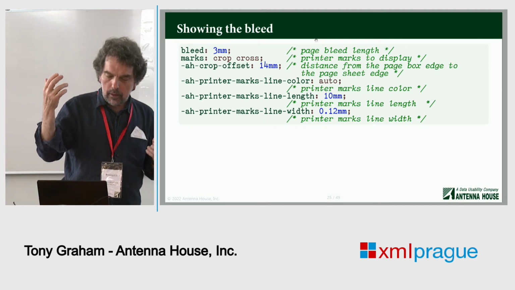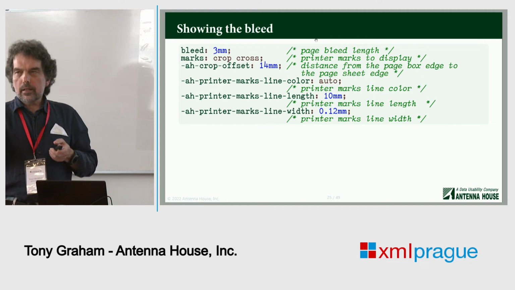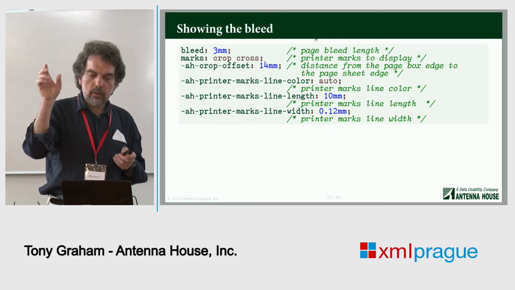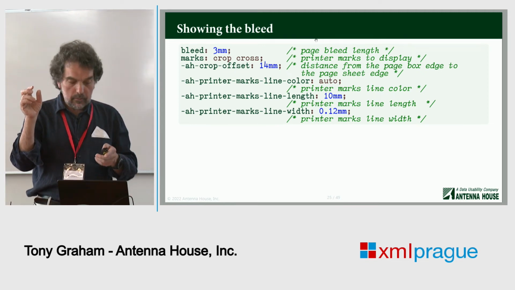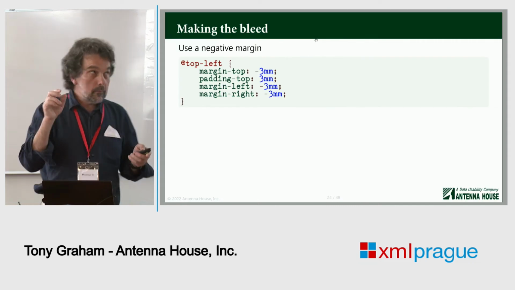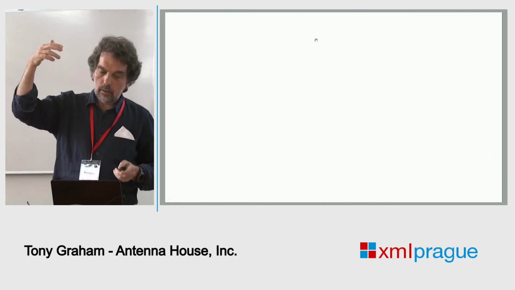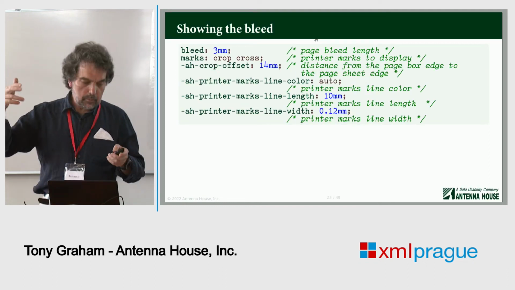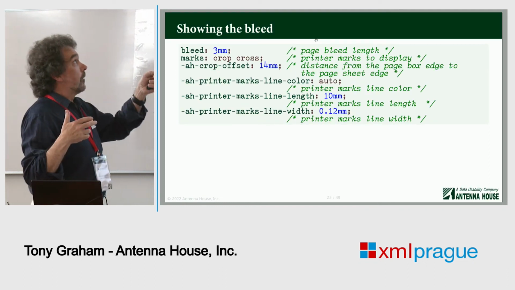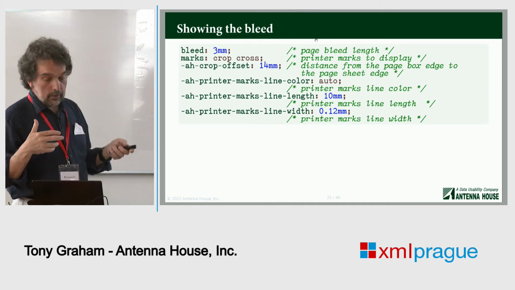With AH formatter, bleed is a CSS property that tells you the extent of the bleed. So if we go back to here, we extended our margins 3 millimeters off each side. And here we're telling the formatter that every page has a 3 millimeter bleed.